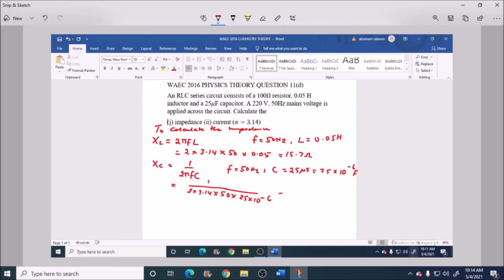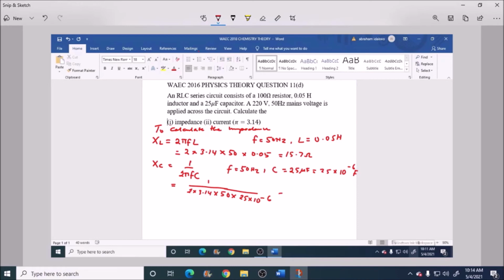Now we can find the impedance. Impedance is denoted as Z, and is given by the root of the resistor squared plus XL minus XC all squared.